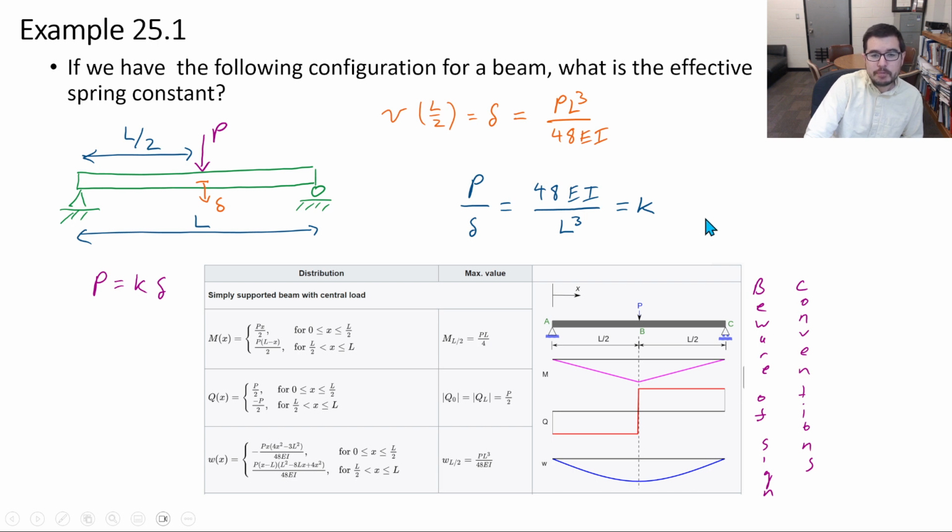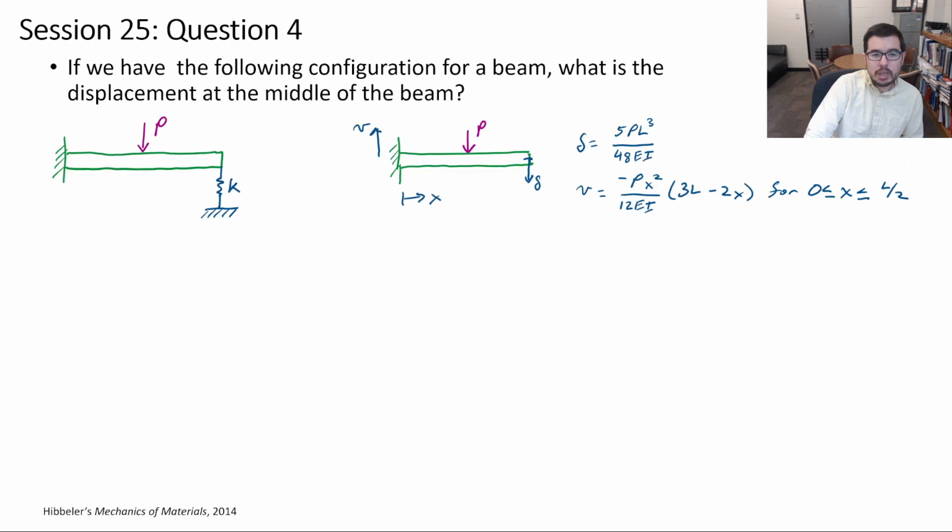Now, I'm going to do a question here to wrap up this session. It's going to make use of creating a relationship for a cantilevered beam and its spring coefficient, and then it's put on an actual spring. Maybe it's a bar, I don't know, but it's something that has a K. And so this is an indeterminate system, because if I remove this, I would go right to a determinate system with just P on this cantilever.